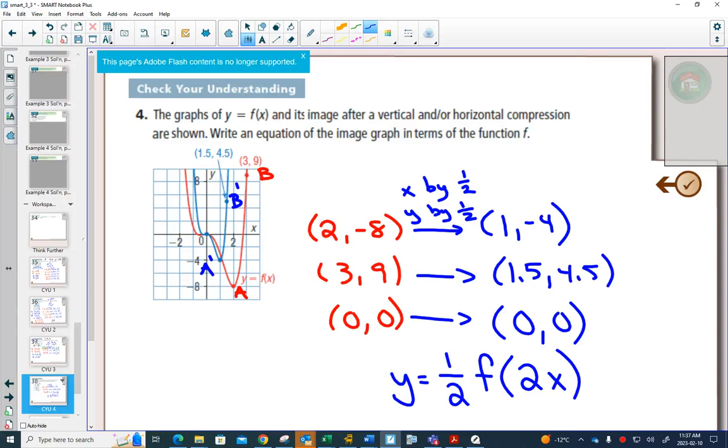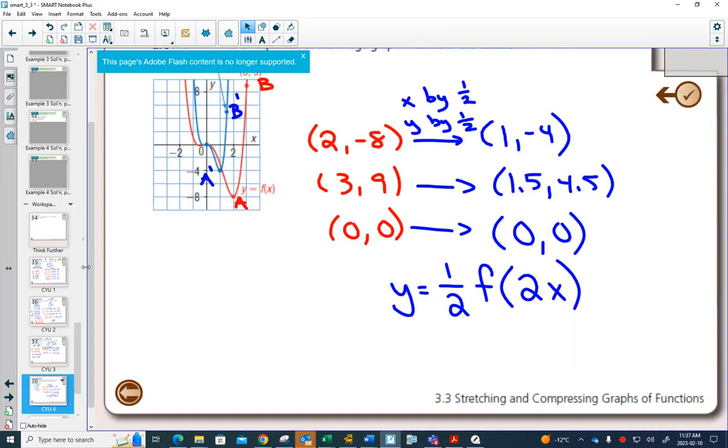We'll write B with a little dash. And we're going to do an analysis between horizontal and vertical distances of A and B and A prime and B prime to find this same thing. We're going to try to find x got multiplied by half and y got multiplied by half in a different method. So the second method looks like this.